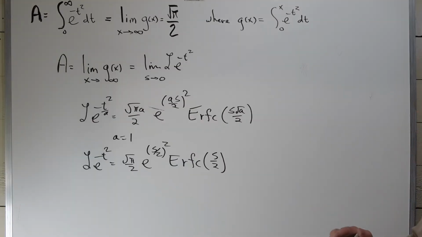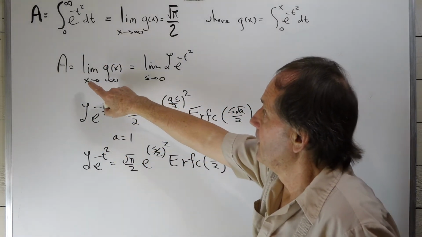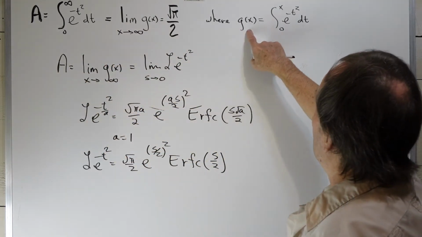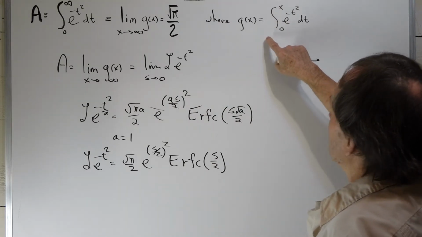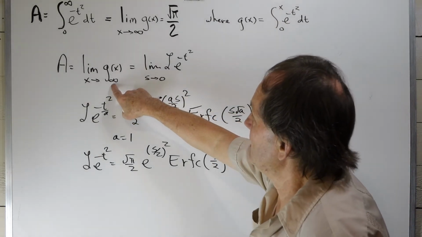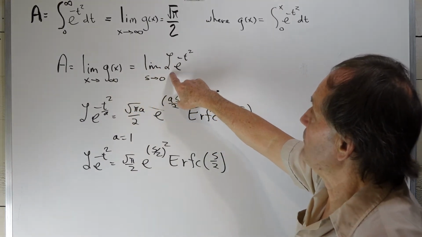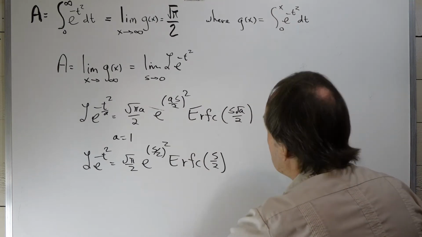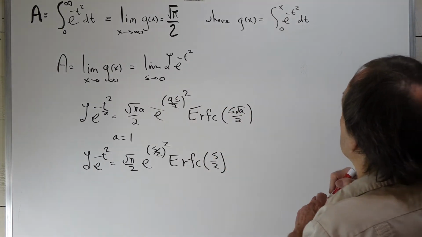Now, in order to find the value of the improper integral, we take the limit of this general function g of x as x goes to infinity. We just showed that it's the limit of the Laplace transform of the integrand as s goes to 0.